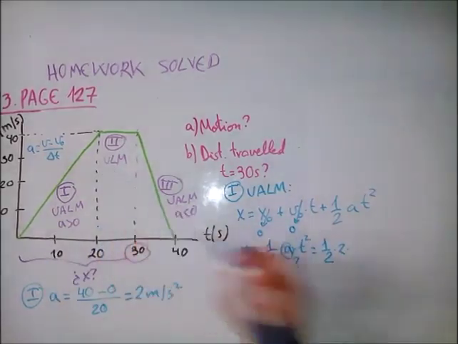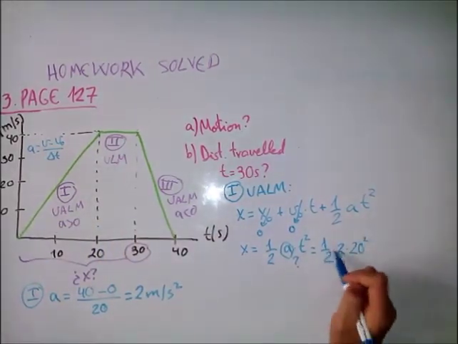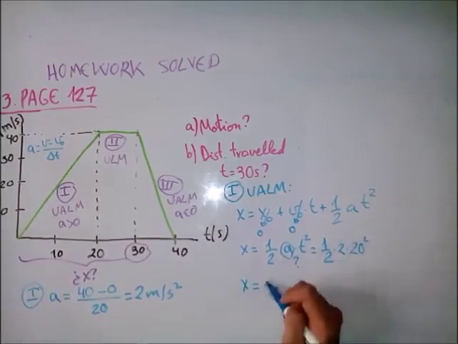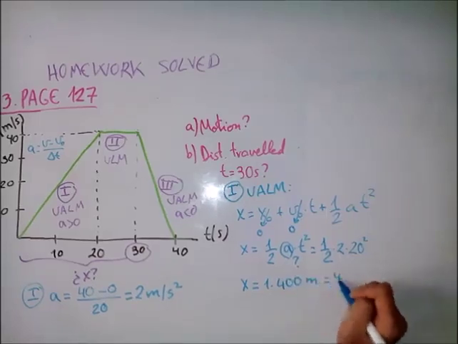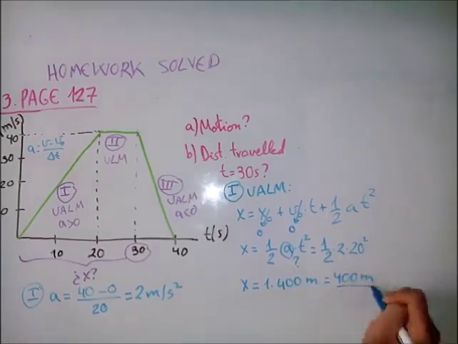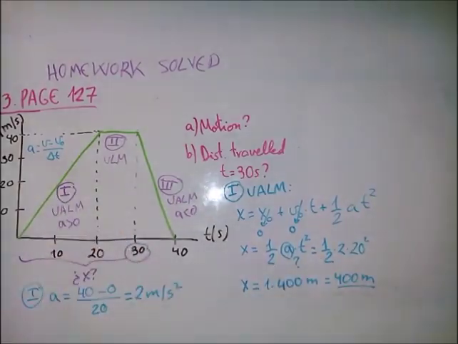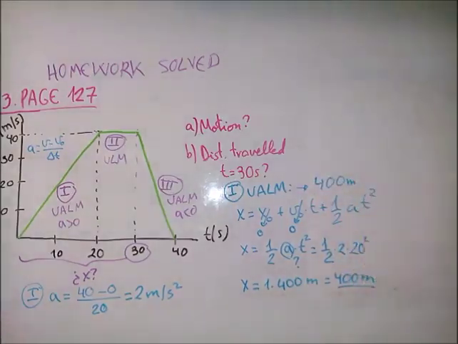So time is 20 square, okay? 1/2 times 2, this is just 1. So this is just 1 times 20 square, which is 400. So we have 400 meters is what we move through in this first 20 seconds, okay? So this is 400 meters, okay?